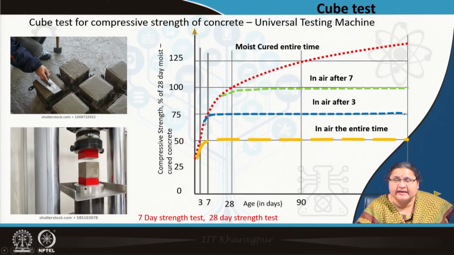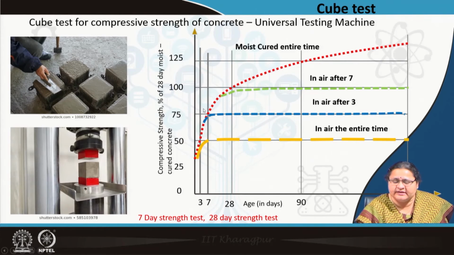By 7 days around 75% strength is gained, and up to 28 days it gradually takes almost 100% strength, and if the moist condition is continued, it may also gain further strength.